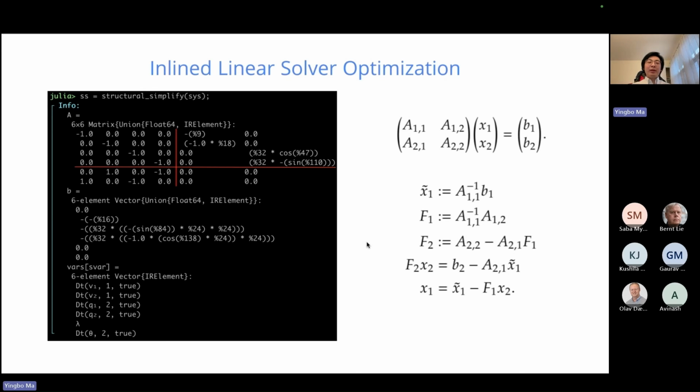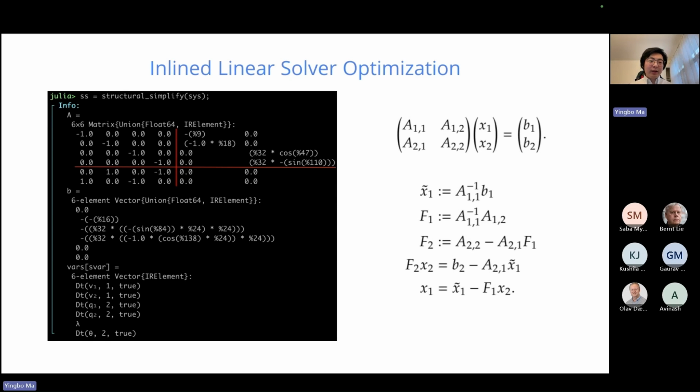The way that we are doing this transformation in JuliaSim compiler is that basically in all equation-based modeling frameworks, there is one process in the compilation step that computes the strongly connected components between the equations and the unknowns that are solved by these equations.